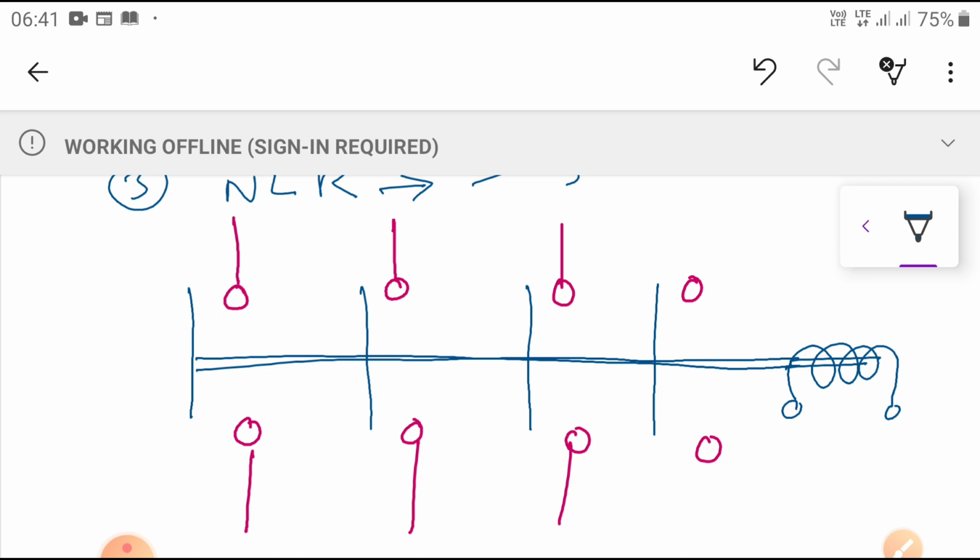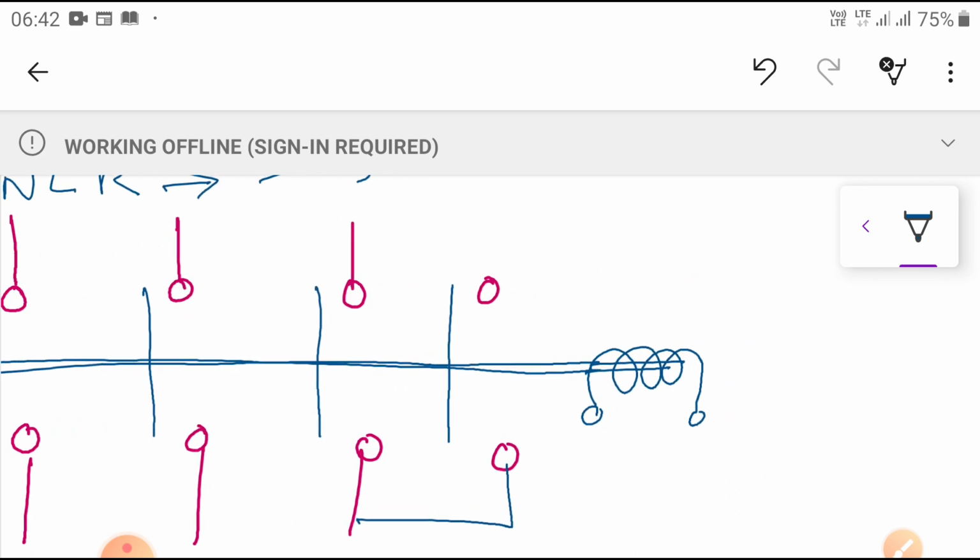Okay, now so here what happens? This terminal, here I connect one terminal from this one to this one. So now I connect this one through my arrangements. I connected here, you can see, don't confuse. There are two terminals I can provide here. So here I can use another color.